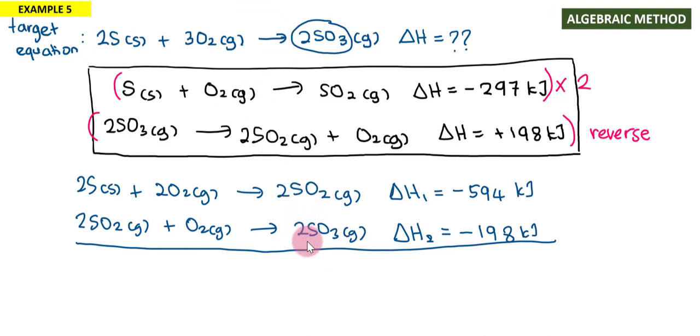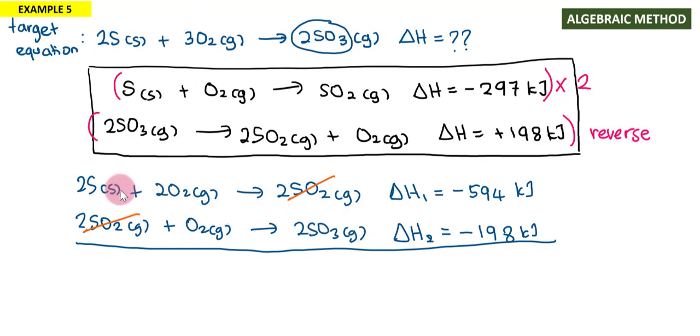First, let me check whether I have the same thing on the product and the reactant side. Here I notice that I have 2 moles of sulfur dioxide on my product side and 2 moles of sulfur dioxide on my reactant side. So these two just cancel out.